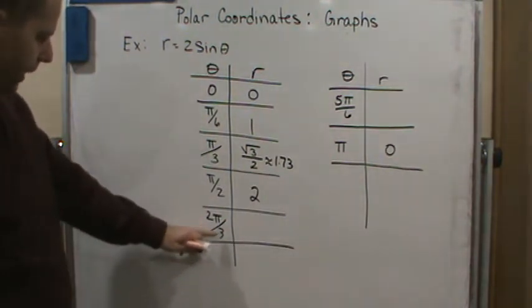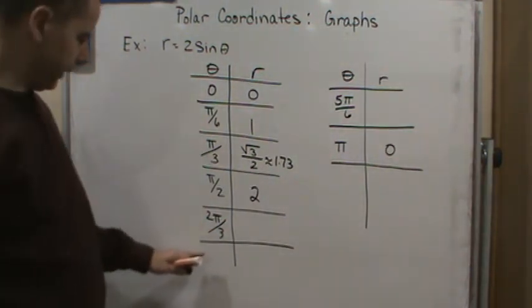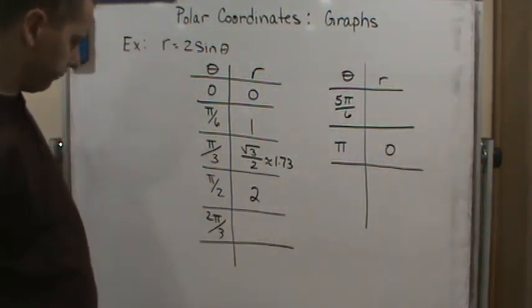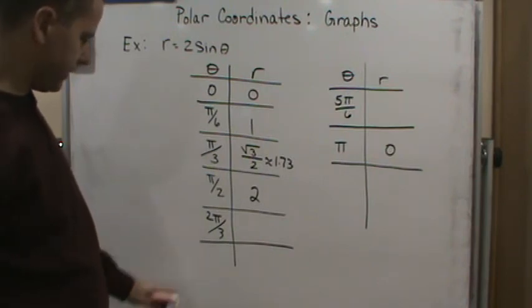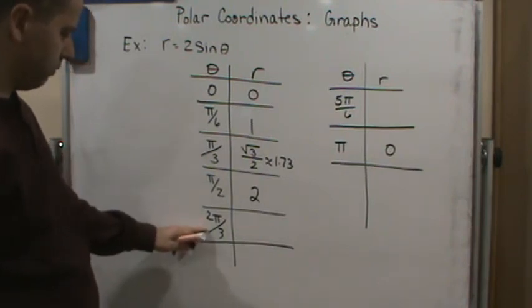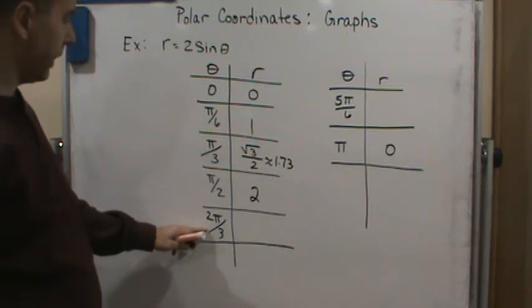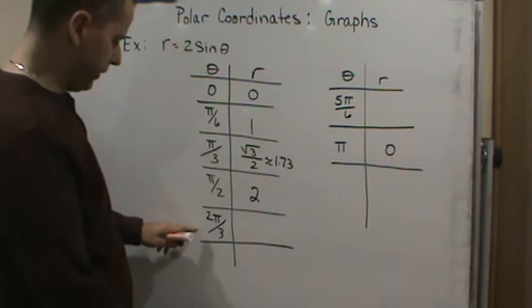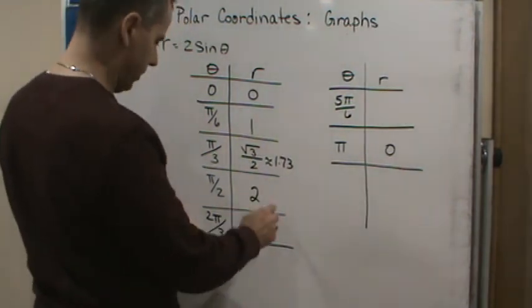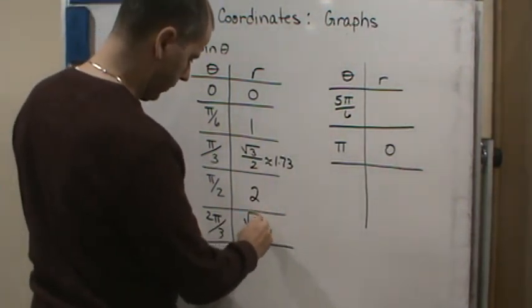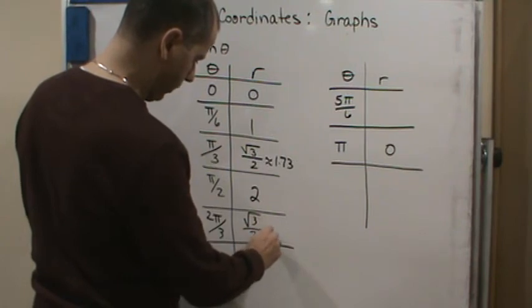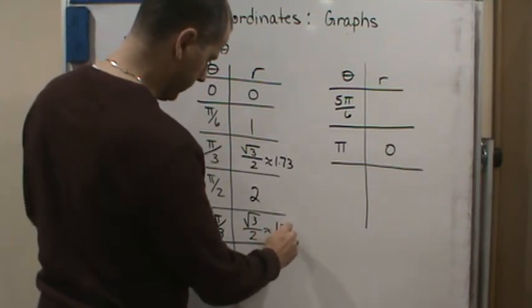Okay, so 2 pi over 3. Well, 2 pi over 3 is a 120-degree angle, okay? And that's in the second quadrant. And sine is positive in the second quadrant. And so what happens? Well, this is going to be, again, square root of 3 over 2, or approximately 1.73.